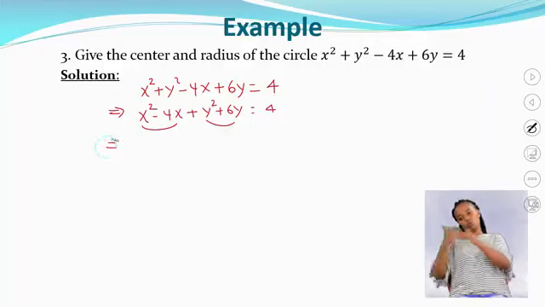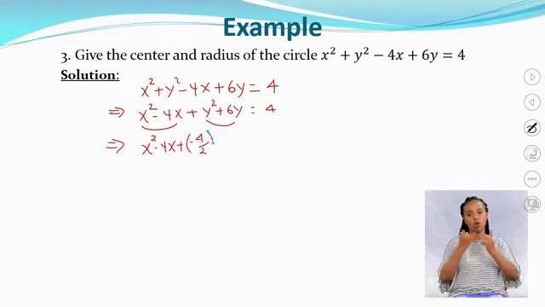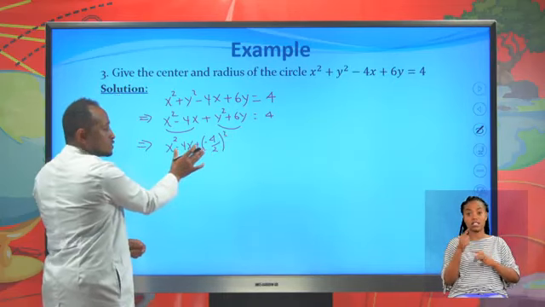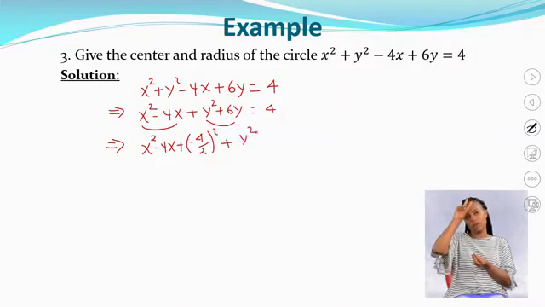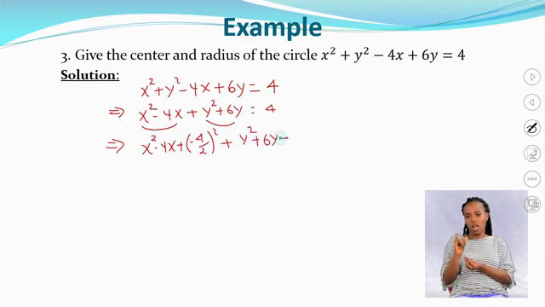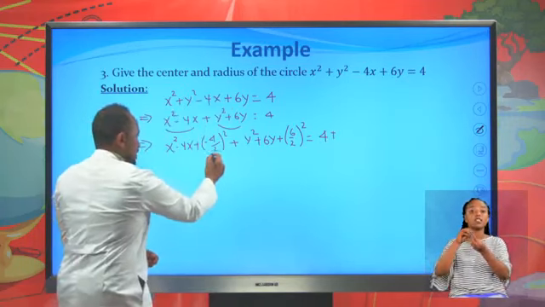Therefore, x squared minus 4x plus (negative 4 over 2) squared, plus y squared plus 6y plus (6 over 2) squared is equal to 4 plus the values added on the left side.